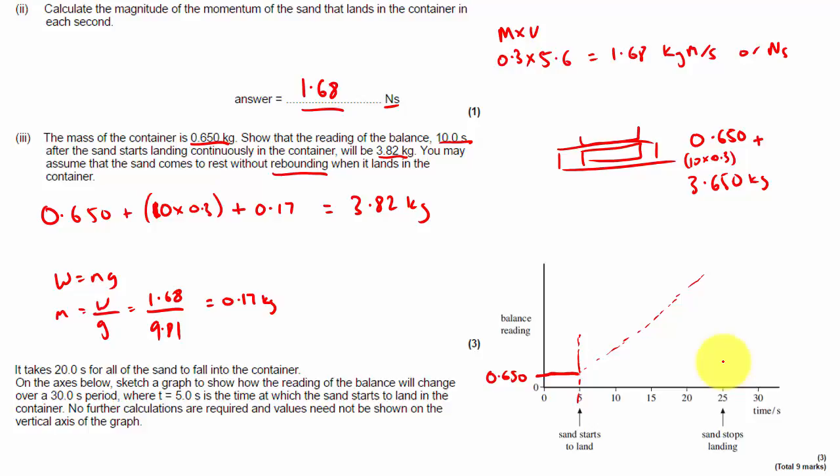But you've got to take into account this extra value here. So actually, the sand starts landing, the scale jumps up immediately as it's been hit by this moving sand, and then starts to increase. And then after the sand stops landing, let me just get the rough line where that is. After the sand stops landing, it jumps back down again, right?